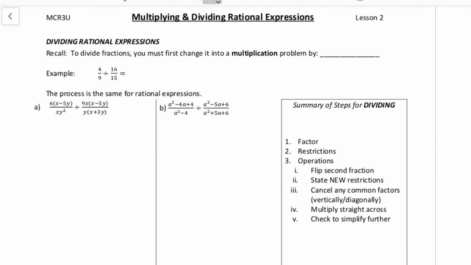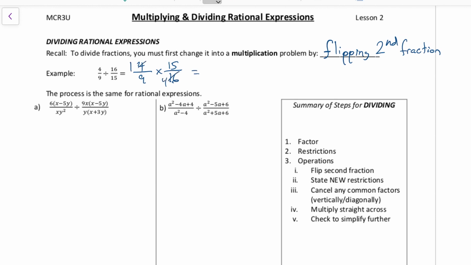Okay, let's move on to dividing rational expressions. So very similar to multiplication, except for one extra step. Remember, when you divide with fractions, you must first change it into multiplication, and the way to do that is to flip the second fraction. For example, if I had 4 over 9 divided by 16 over 15, this would become 4 over 9 times, and then I flip the second fraction like that, and then you can go into your process of simplifying.